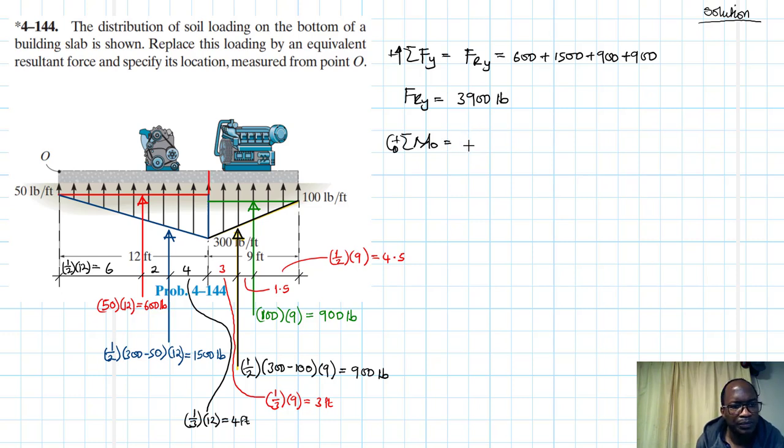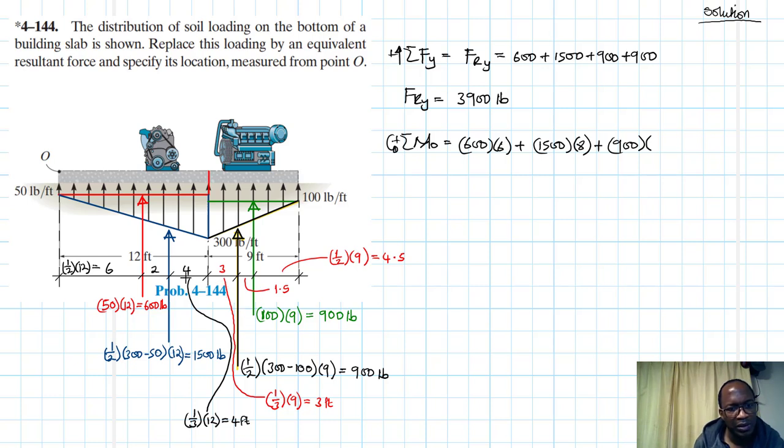We have a 600 positive moment by 6 plus a 1500 by 2 plus 6, which is 8, plus a 900 by, what's the lever arm?